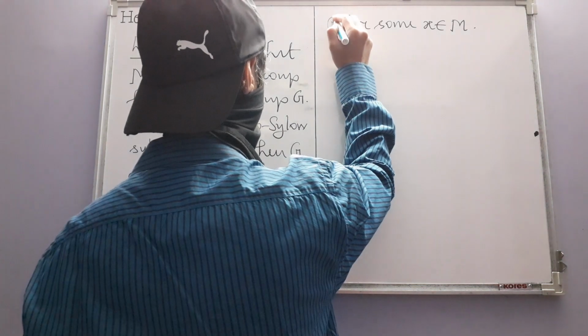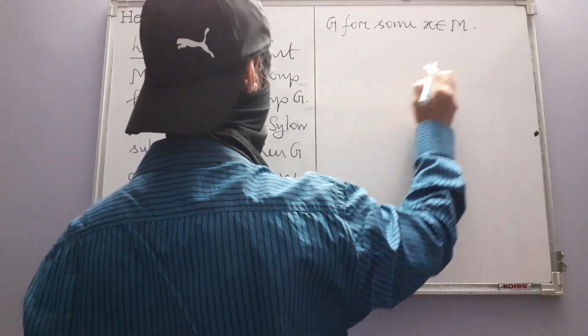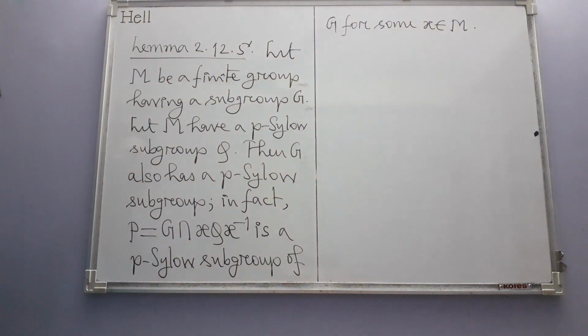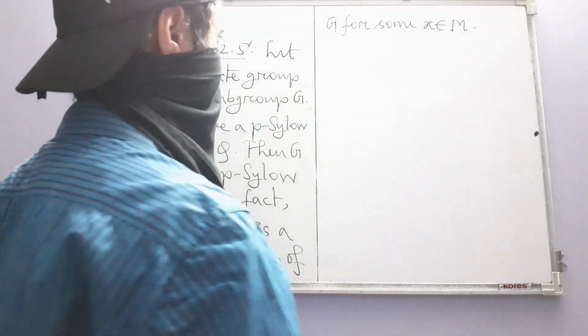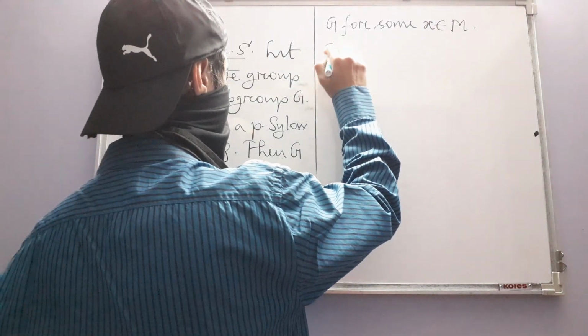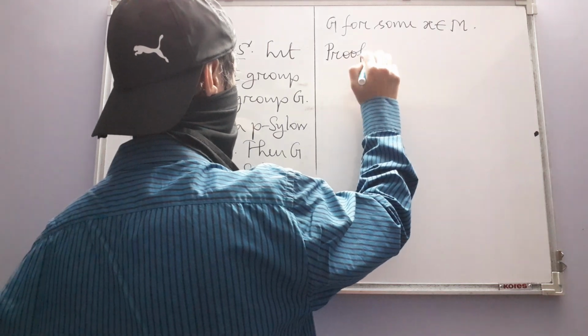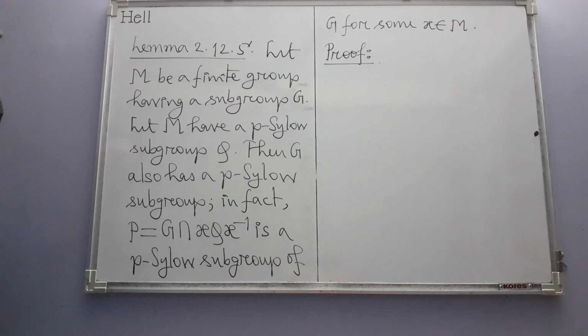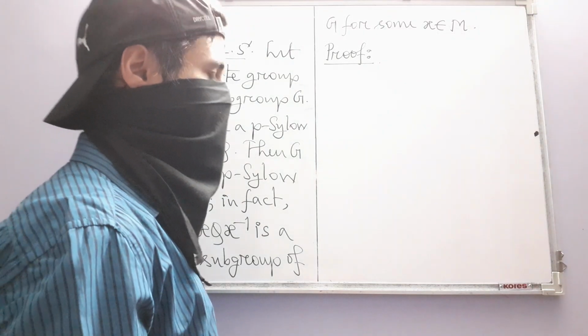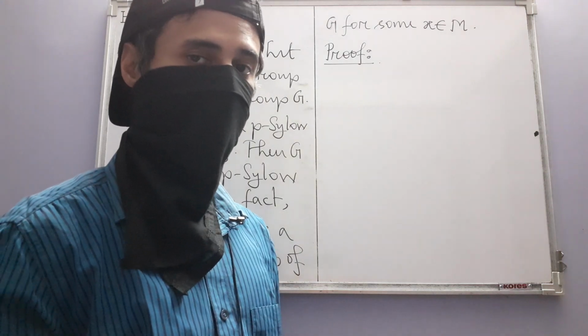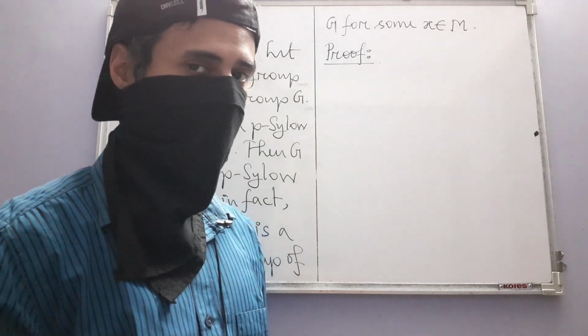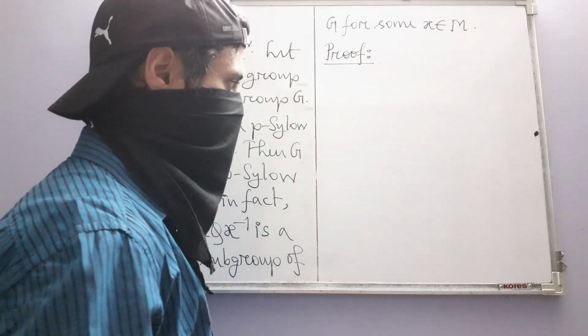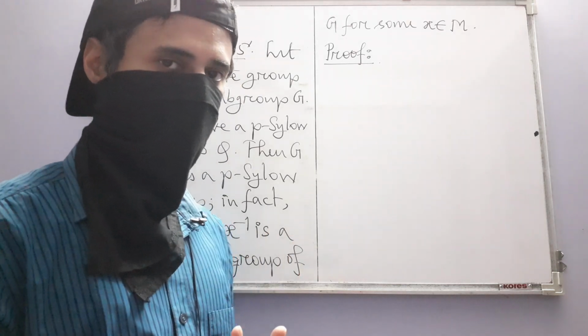Now, how are we going to prove this? The proof actually is not that difficult, given that we have all the ingredients that we need. So the proof simply goes like this. What we are going to do is we are going to see a double coset decomposition of M, the larger group, but using which subgroups?